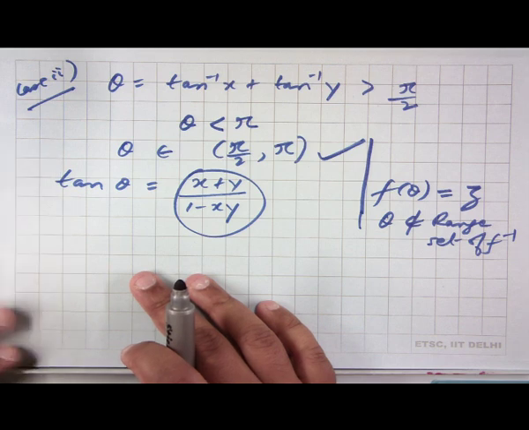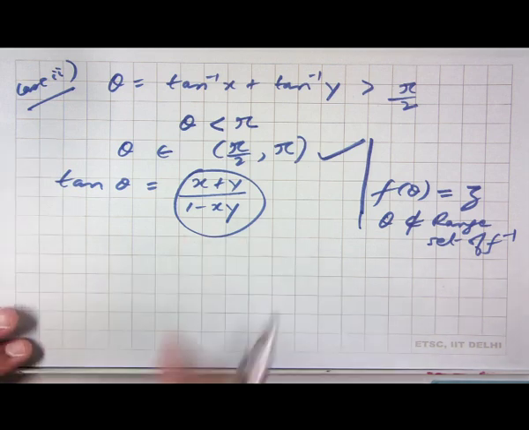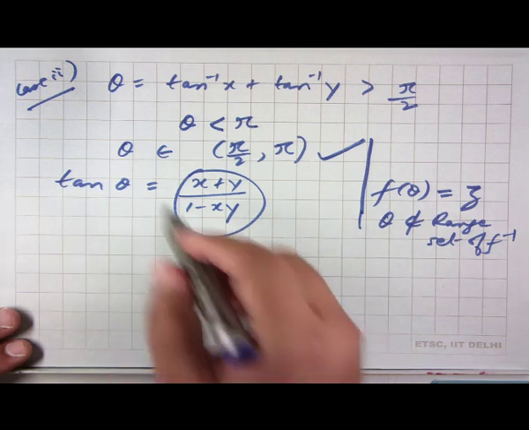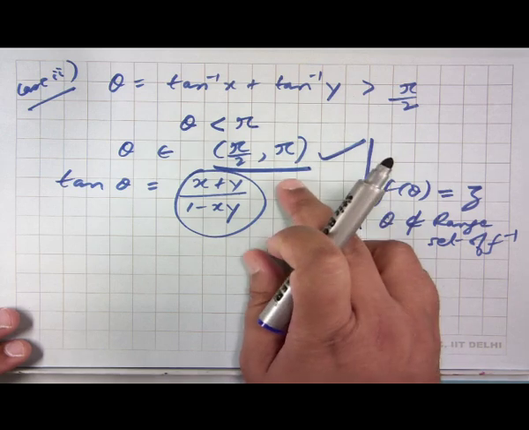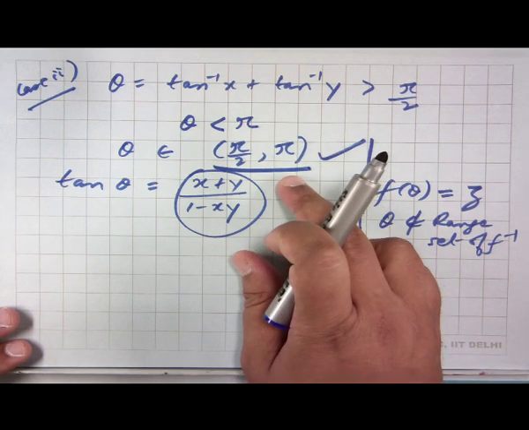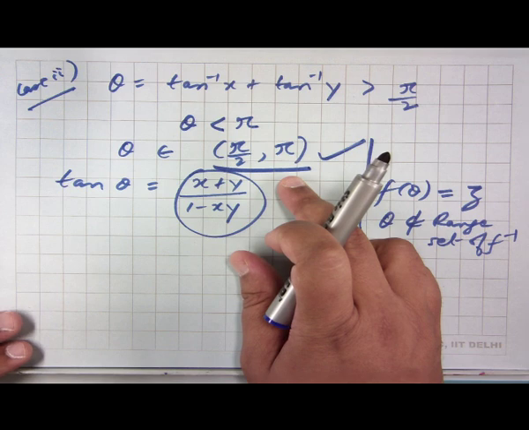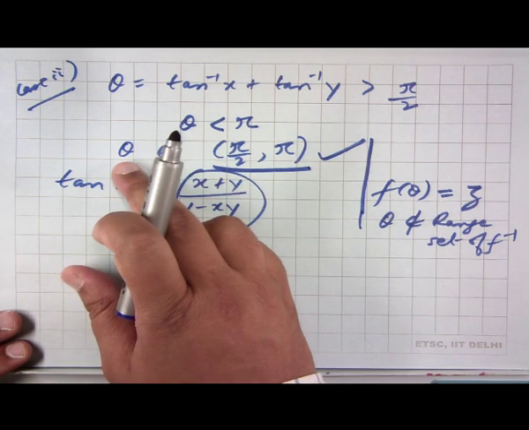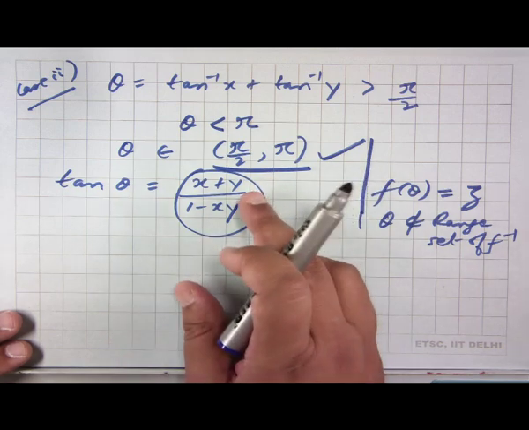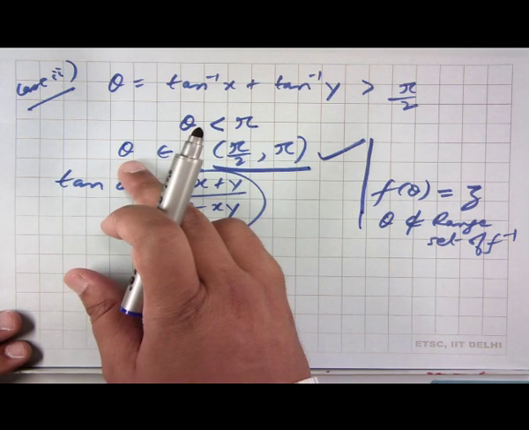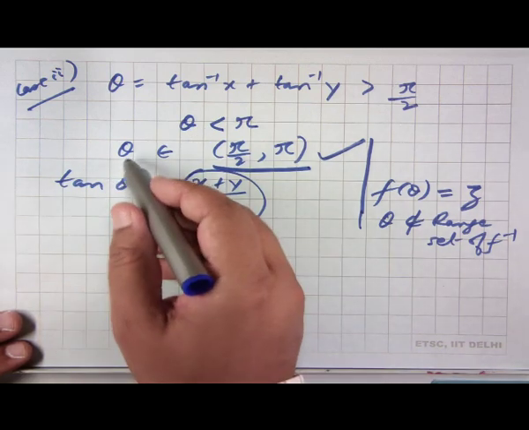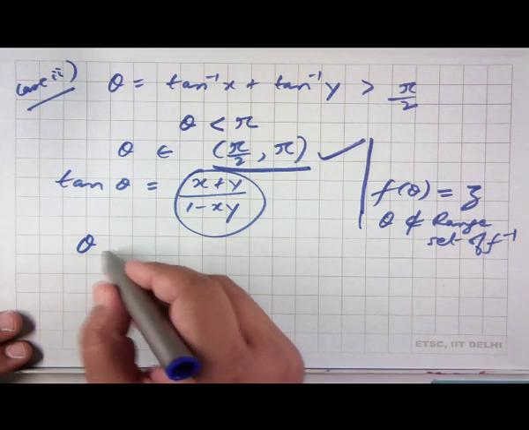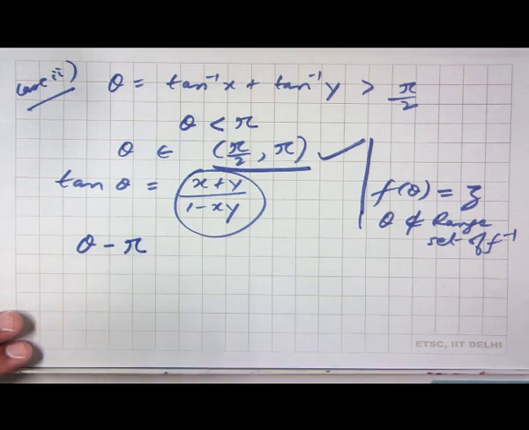functions. So, in this case the trick that we do is, first of all we see that since this is not the range set of the tan inverse function, we need to do some operation on theta. So what we do is we take this theta and we subtract pi from it.